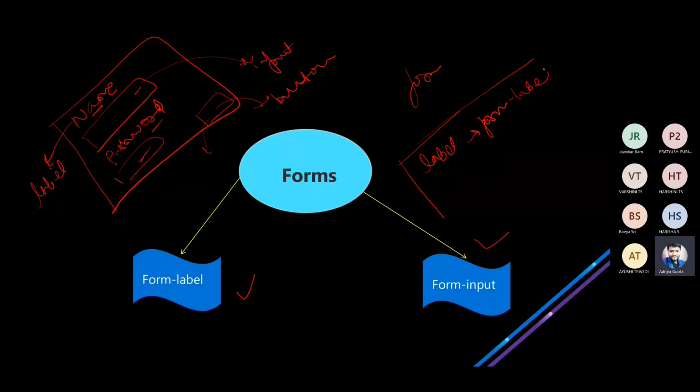One more trick: whenever there will be an input, its class is always form-control. In whatever case you are forming forms with the help of Bootstrap, you should just know about these two things: what is a label and what is an input. Whenever there is a label, just use form-label. It doesn't matter what others are using, just use this, it will always work, I know.